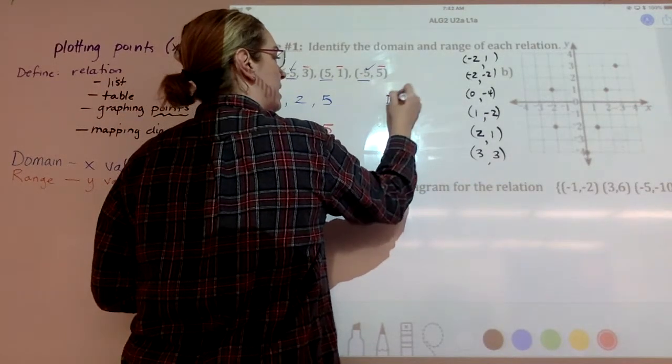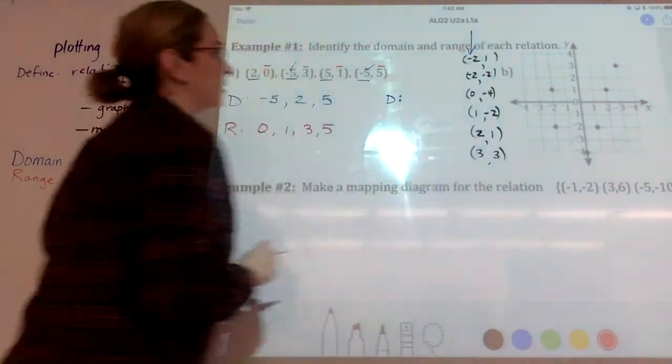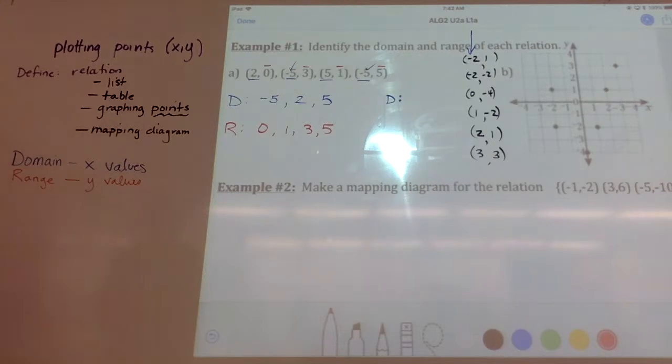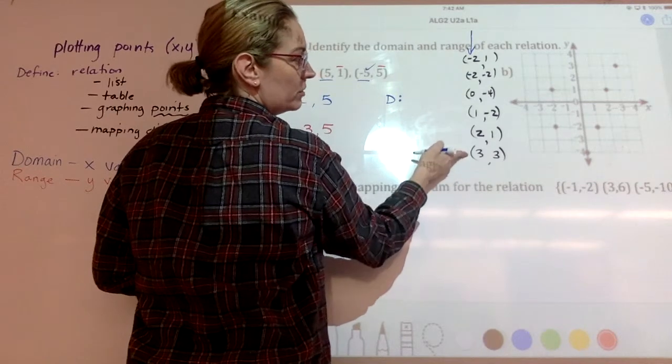We can do domain for this one. So my domain is not going to be this whole column, all the x's. What's nice is when I went left to right, didn't I put them in order? By accident? It sort of just happened that way. -2, 0, 1, 2, 3.